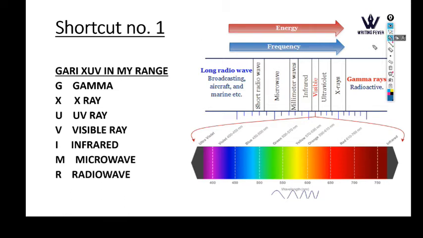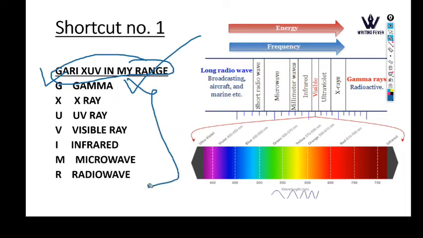It is an easy method to remember this whole electromagnetic spectrum, simply and easily. It is a short term, that is Gary XUV invariance. It is also easy to remember. So using this line we can easily remember all of the electromagnetic spectrum. So that is shortcut number 1.